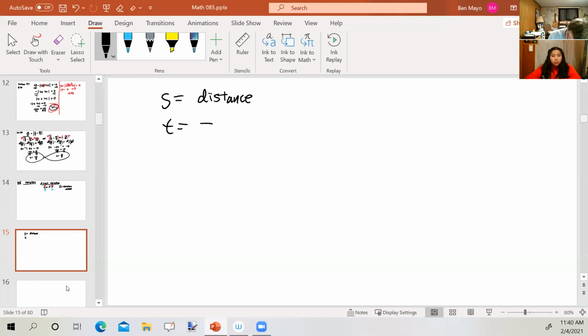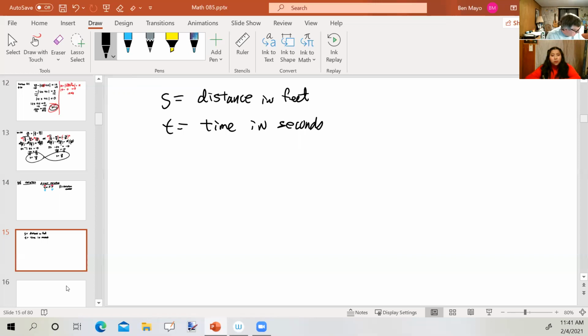So t is going to equal time. If an object falls 1,024 feet, so the distance is in feet, in 8 seconds, the time in seconds, how far will it fall in 10 seconds? So we've got S, which stands for the distance in feet, and T stands for time in seconds.